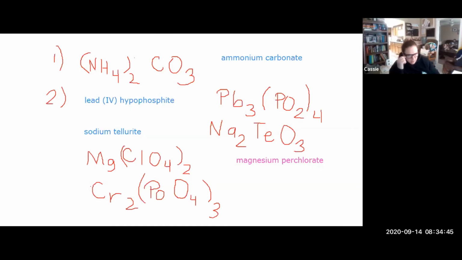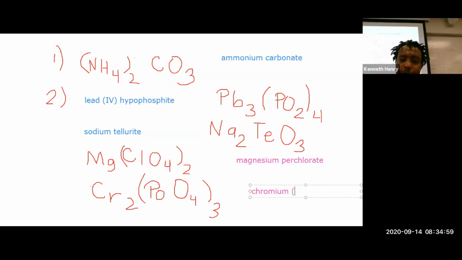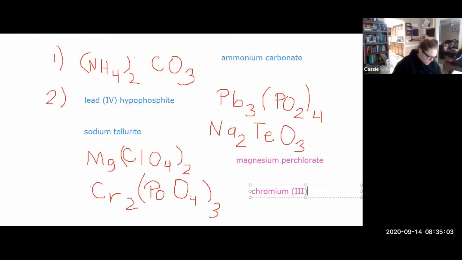Is this one chromium(III) phosphate? Oh, shoot, the other oxygen. Never mind, just kidding. So you said chromium(III). I missed that other oxygen though. Hold on.